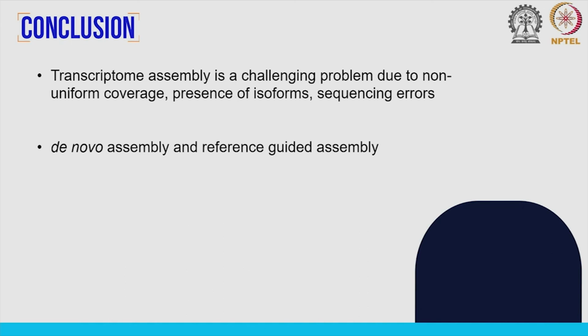De novo assembly is much more challenging than reference guided assembly, and we have discussed some of the tools that can do de novo assembly. We have not discussed algorithms, which we will discuss later when we talk about genome assembly.